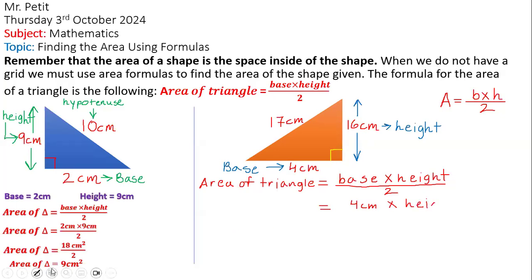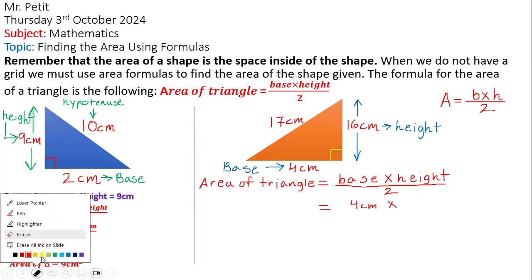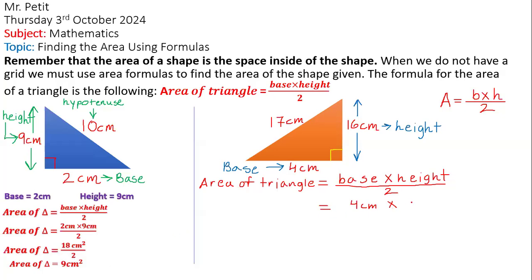So the base is 4, the height is 16, and we're going to divide it by 2. So it's going to be equal to 16 multiplied by 4.